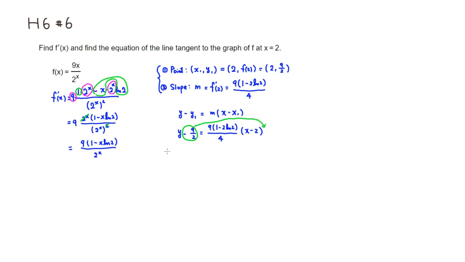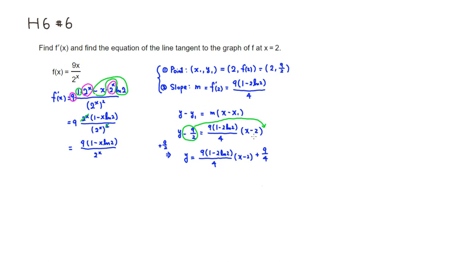To do that, all you have to do is add 9 over 2. So y is equal to 9 times 1 minus 2 natural log of 2 over 4, times the quantity x minus 2, plus 9 over 2.